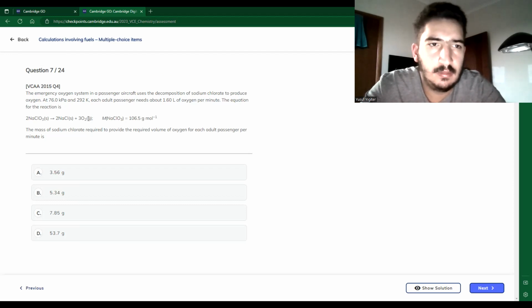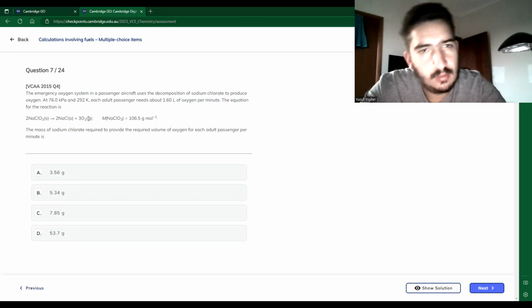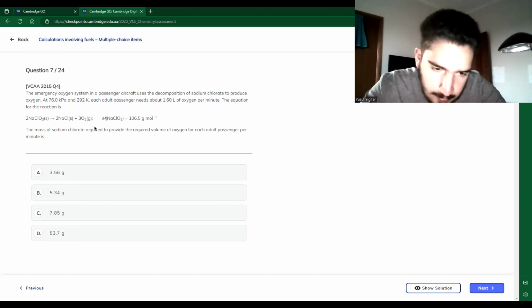No, wait, temperature's given. We're trying to find the amount in mole of oxygen. Okay. All right.